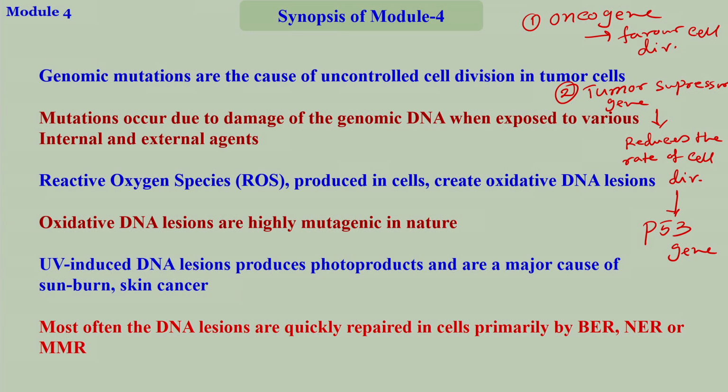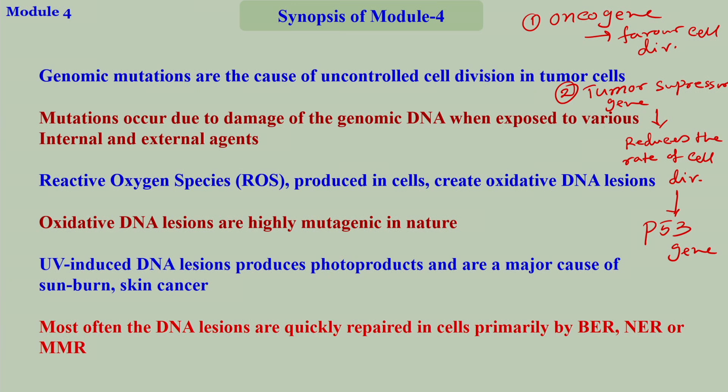Mutations occur due to damage of the genomic DNA when exposed to various internal as well as external agents such as radicals. So, reactive oxygen species or ROS produced in cells create oxidative DNA lesions, and all these ROS chemicals are produced during metabolic processes or other processes.